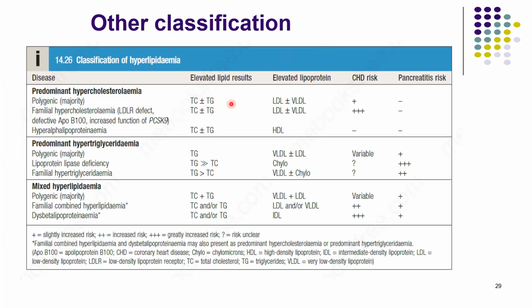HDL increase is good. Then predominant hypertriglyceridemia. Here of course the TG is high, probably caused by VLDL, LDL or chylomicron being high. Okay, mixed one.